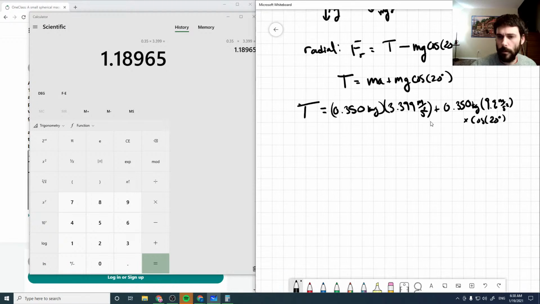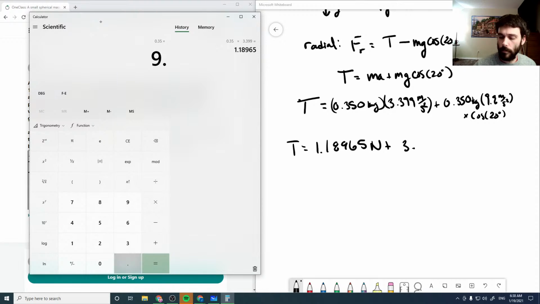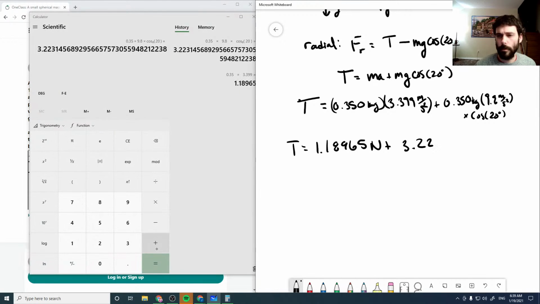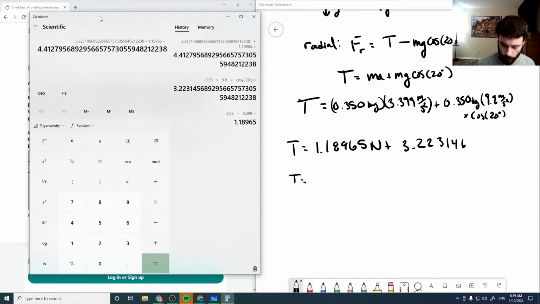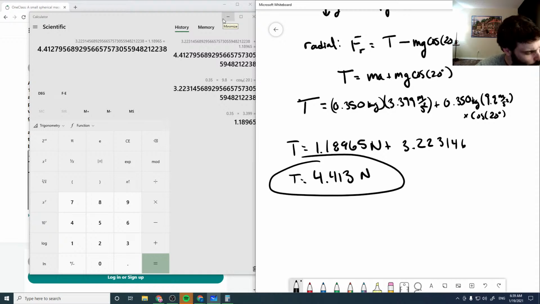So then our tension is 1.18965 newtons plus 3.223146 newtons, which is equal to 4.413 newtons. So there's our tension.